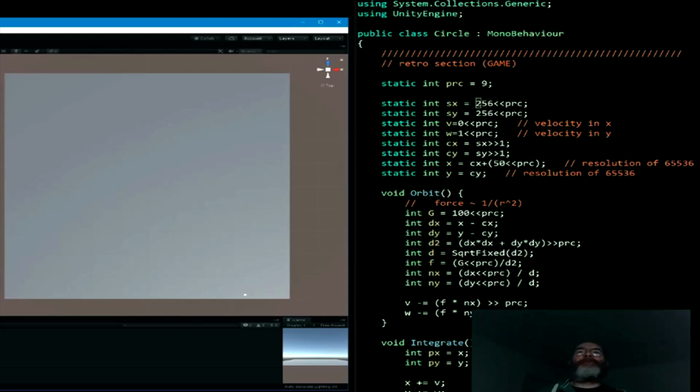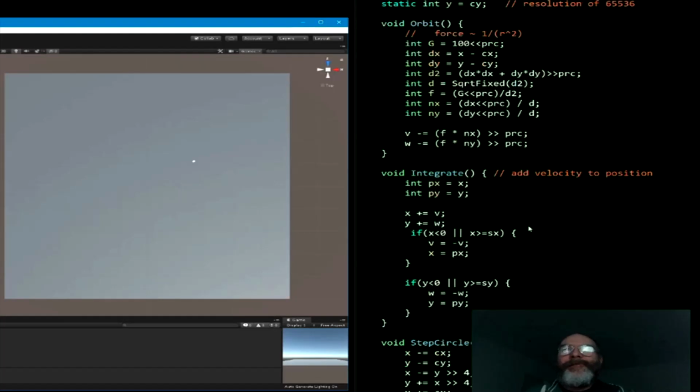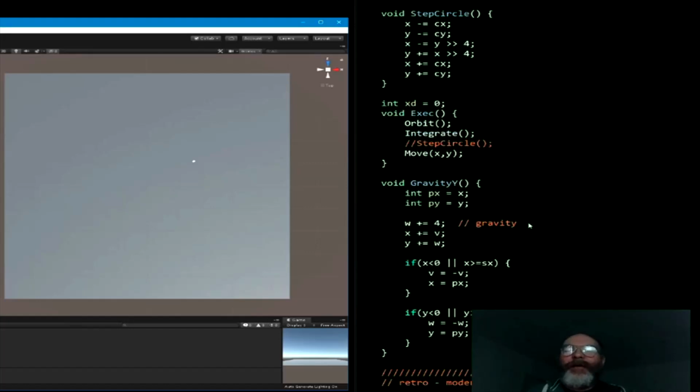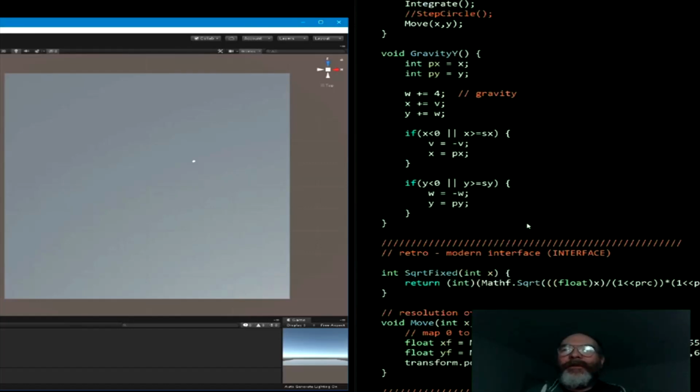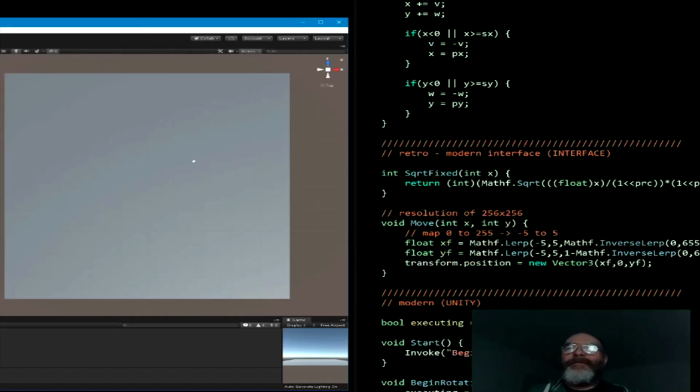No, that's fine. All right, let's try 9 bits after the decimal point and see what happens. Oh, it doesn't like that at all. So I've got a problem. I broke something. I must have a dependency somewhere. Oh, it's here.